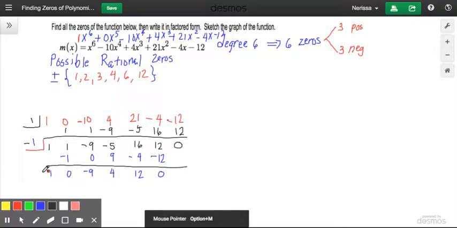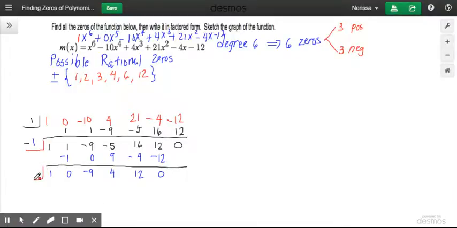Now this time, let's try if negative 1 will work again, because it may be a repeated 0. So we bring down 1. 1 times negative 1 is negative 1. 0 minus 1 is negative 1. Negative 1 times negative 1 is positive 1. Negative 9 plus 1 is negative 8.